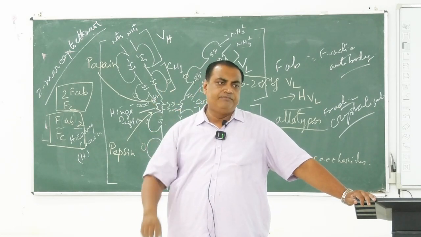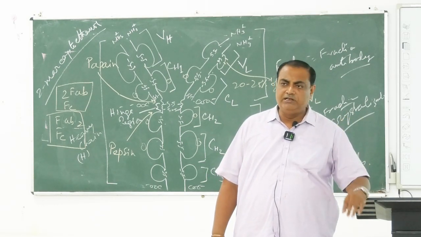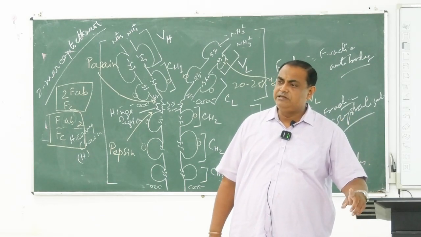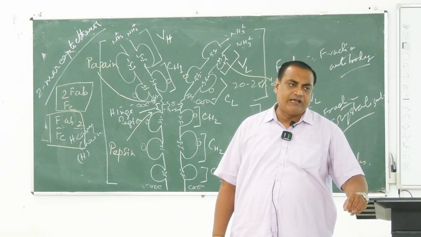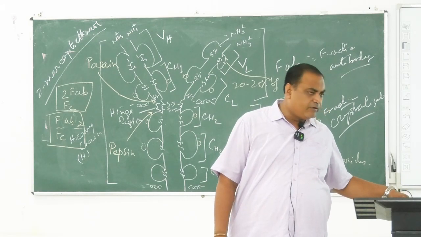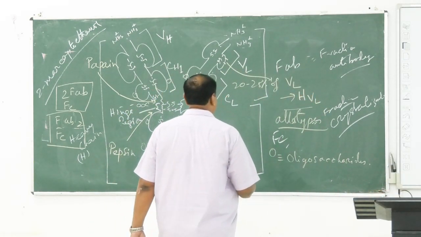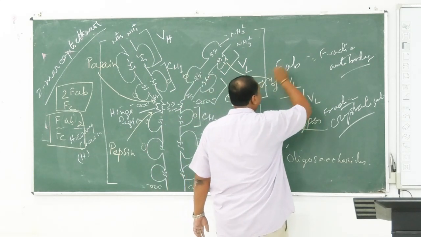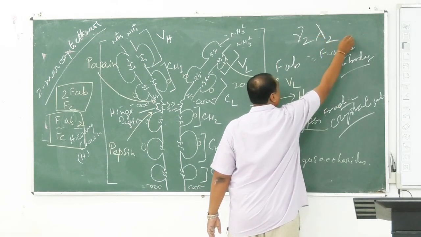Now, each isotype will contain either of these 2 types of light chains. Either both the light chains will be of kappa type, or both the light chains will be of lambda type. So that means if I want to write the formula of IgG, what will I write? Gamma 2, lambda 2.